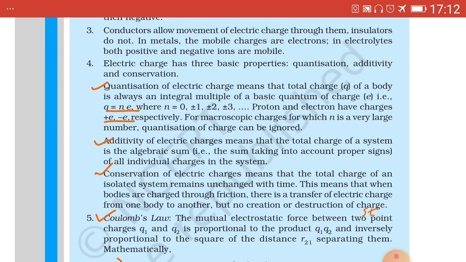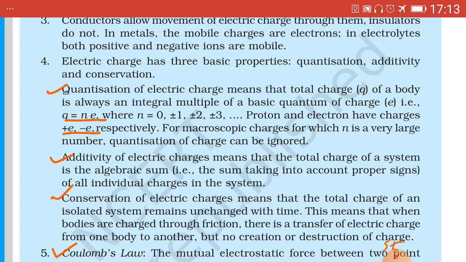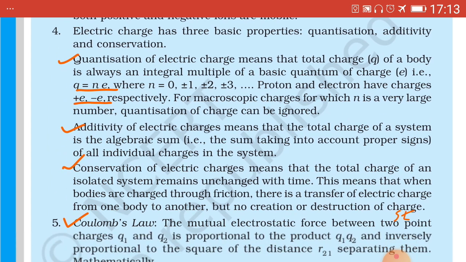Say point number 4. That is regarding quantization of electric charge, where Q equal to Ne and N stands for 0, plus 1, minus 1, plus minus 2 and so on, both plus and minus. And here plus e charge refers to proton and minus e electron charge.